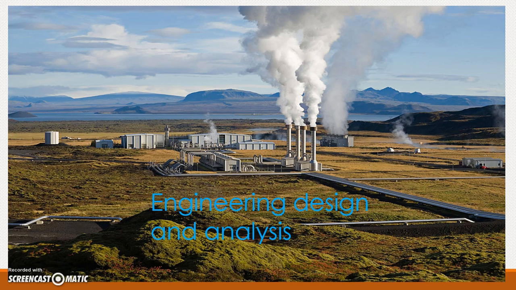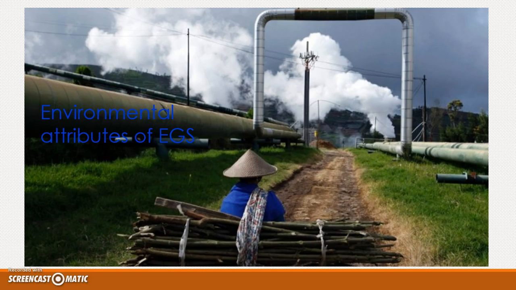Well, there are engineering design analyses to know which is the best way to use the geothermal energy. First is identification of the most appropriate conversion system, calculation of the net power per unit area, estimation of flow rates and geofluid, estimation of capital and installed plant cost, and environmental attributes of EGS.